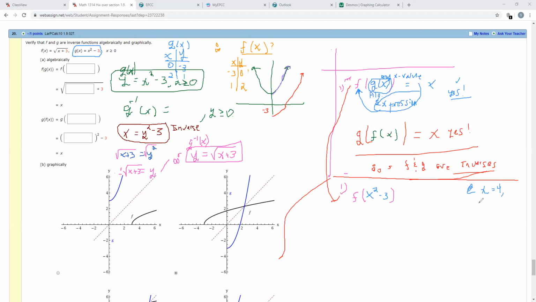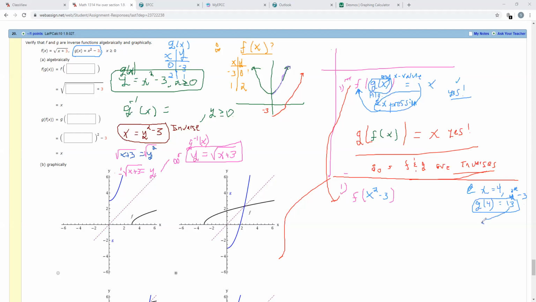At X equals 4, G of 4, we would plug that in to G, and that is 4 squared minus 3. And 4 squared is 16. 16 minus 3 is 13. And that's our range value.